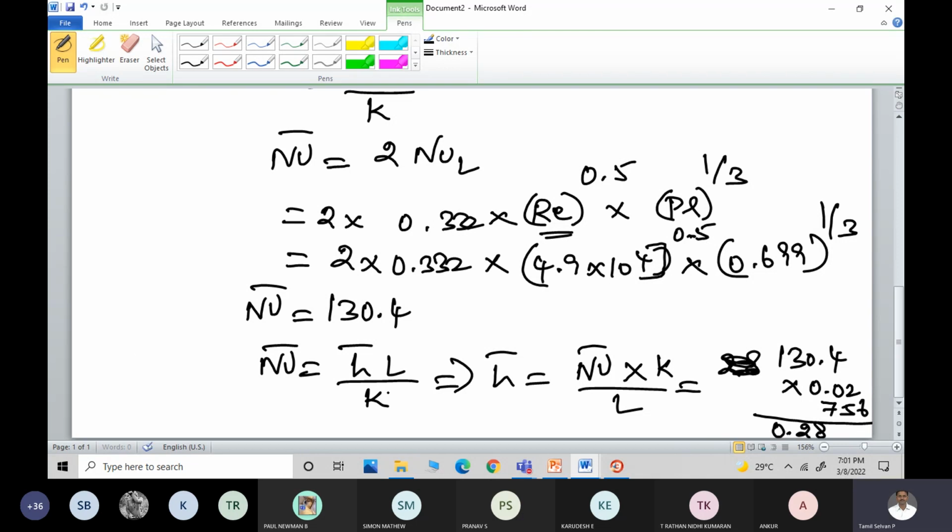So find out h bar. h bar is nu bar K by L. All of you please check you are getting 130.4 into 0.02756 divided by 0.28, which is 12.839 watt per meter squared Kelvin.